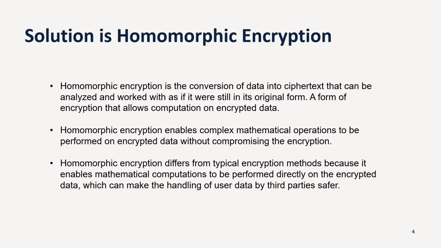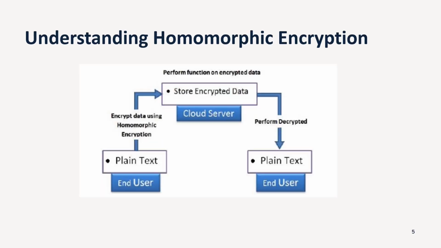The main difference between the homomorphic encryption scheme and other typical encryption schemes is that in a typical encryption scheme, we must decrypt the data before we can process it, but in this encryption scheme, we are able to process data without decrypting it. Let's understand this better using a diagram.